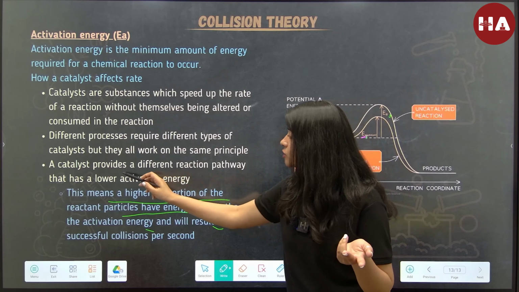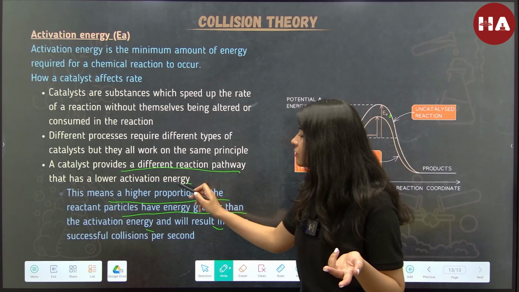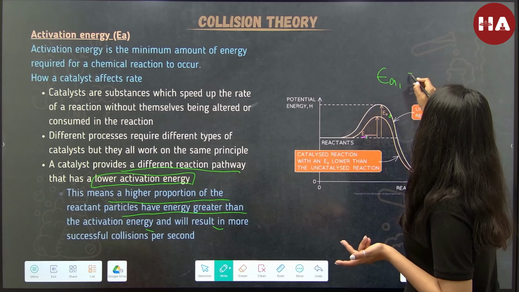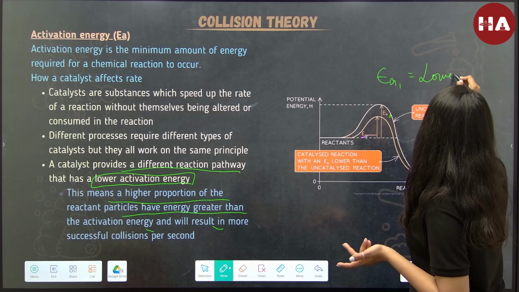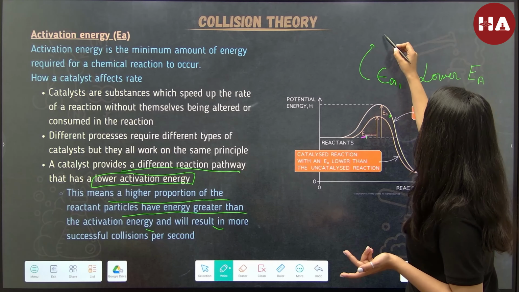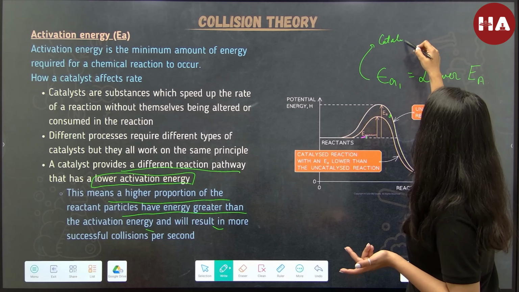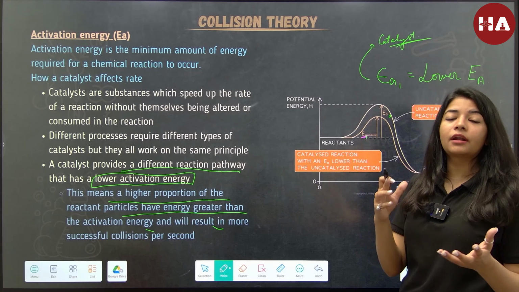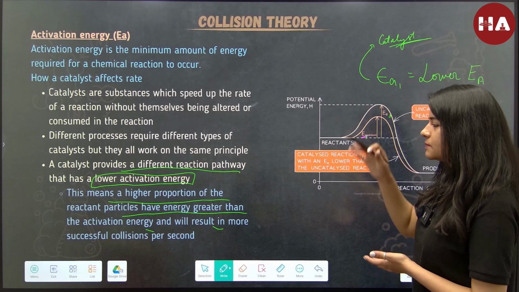So this EA1 is what? A catalyst provides a different reaction pathway that has lower activation energy. EA1 is lower activation energy, right? EA1 is the one in which catalyst is added. So this is a very important diagram to explain what catalysts really do to a reaction. Please make a note of it.